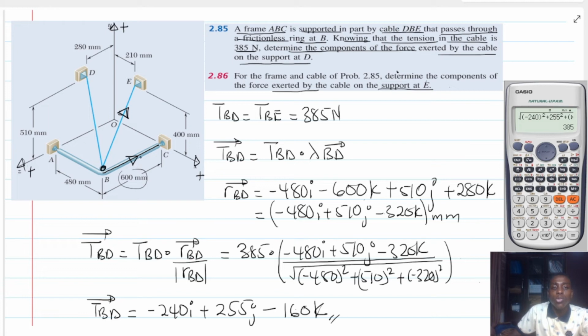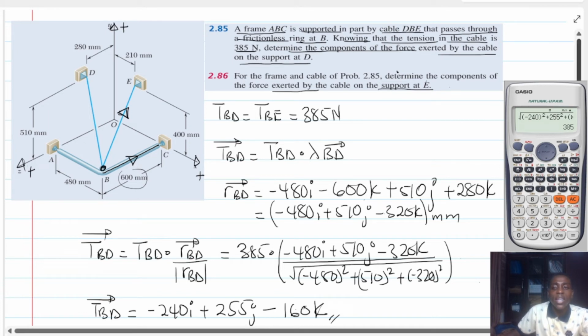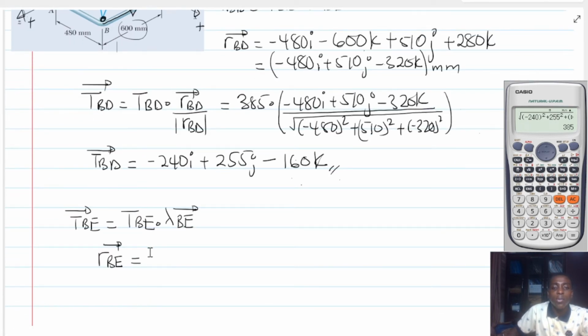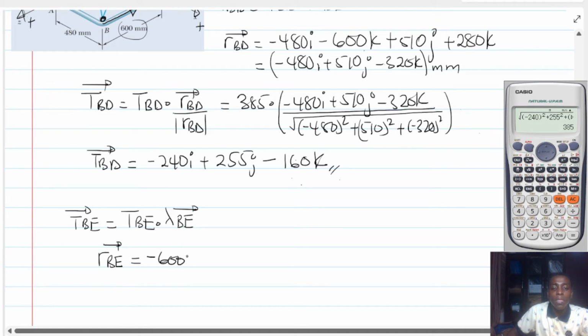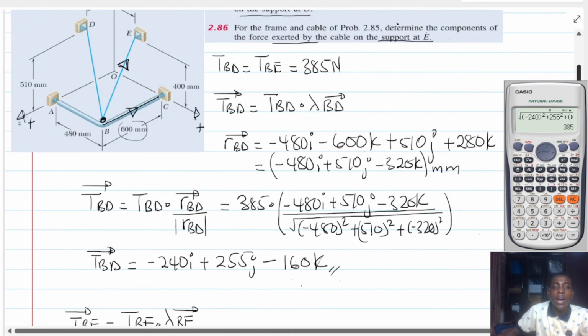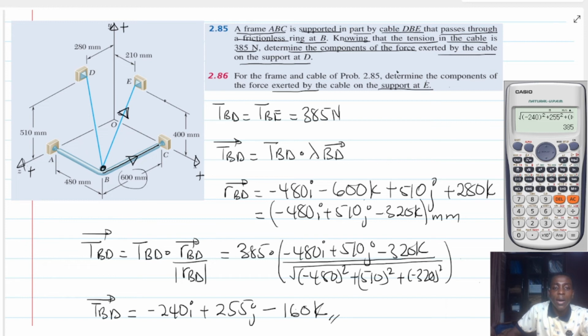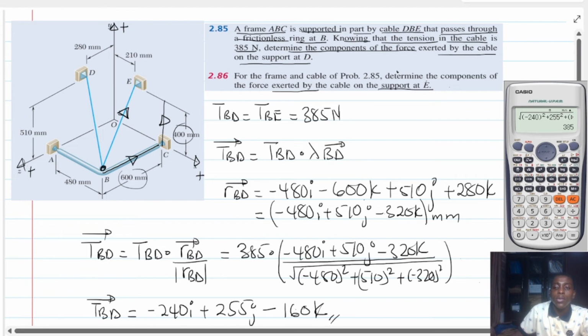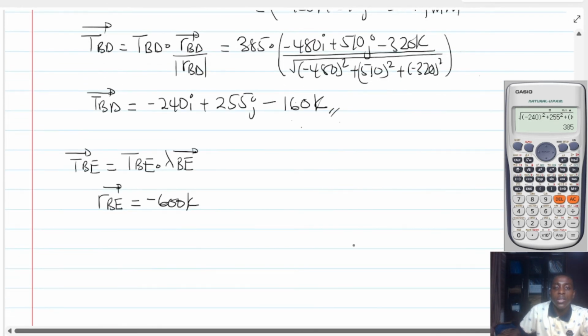And so I'm going to do minus 600k. From there, I can climb up here, and that is going to be 400 along the positive y direction. So plus 400j.